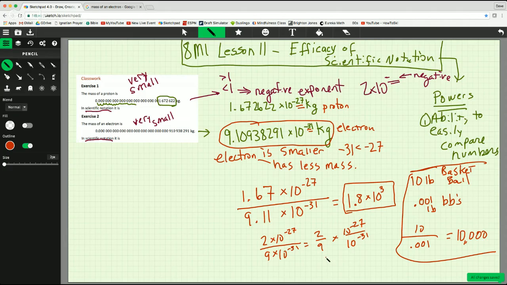And that's equal to 0.18 times 10 to the fourth, or 1.8, because that's not in scientific notation. So it's 1.8 times 10 to the negative 1 times 10 to the fourth, or 1.8 times 10 to the third. So that works.